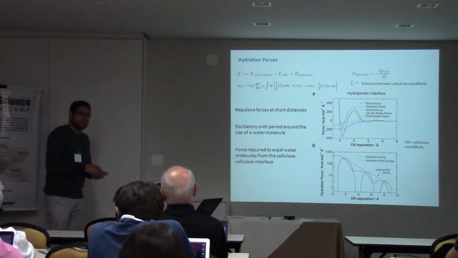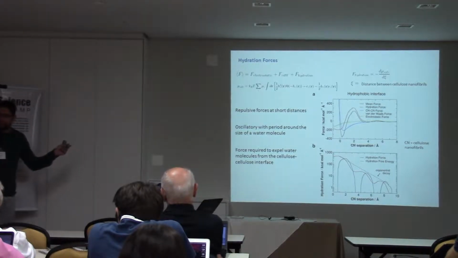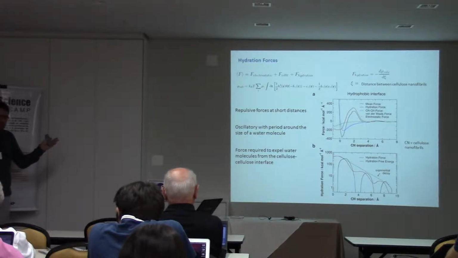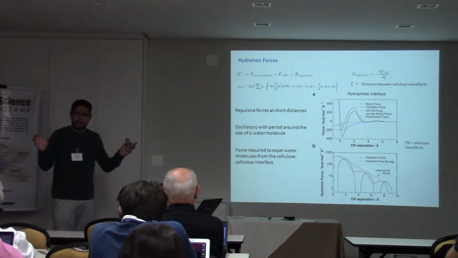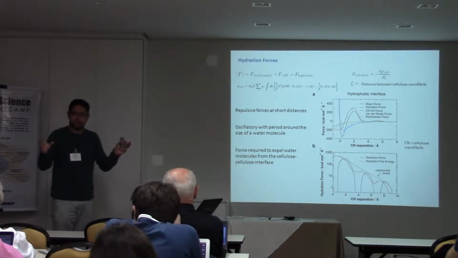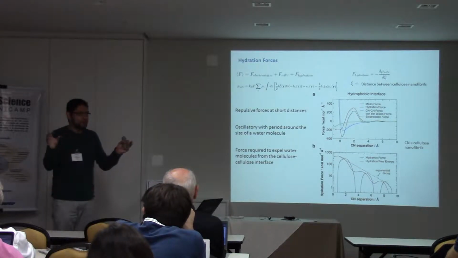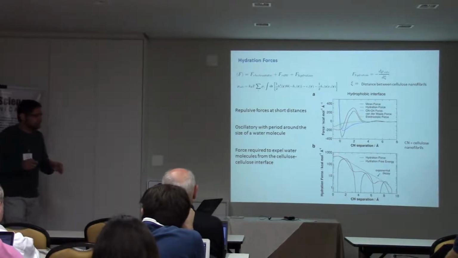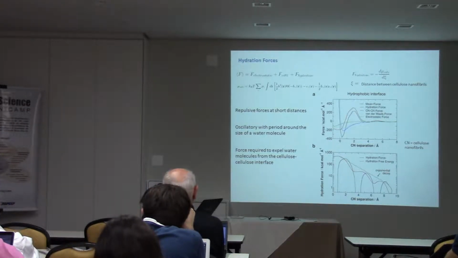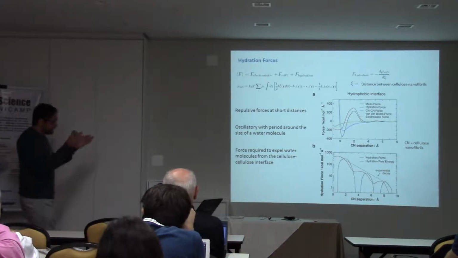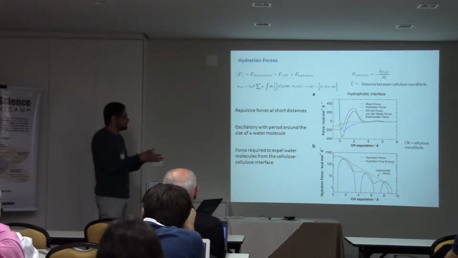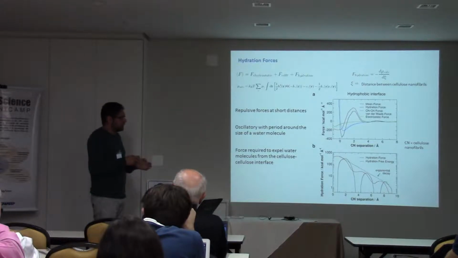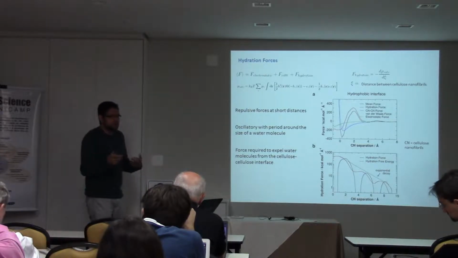So what's happening here is that when we bring two cellulose fibers together, the hydration structure, the hydrogen bonding structure, must be disrupted as they approach each other. And the water structure between the two cellulose fibers is also periodic, right?